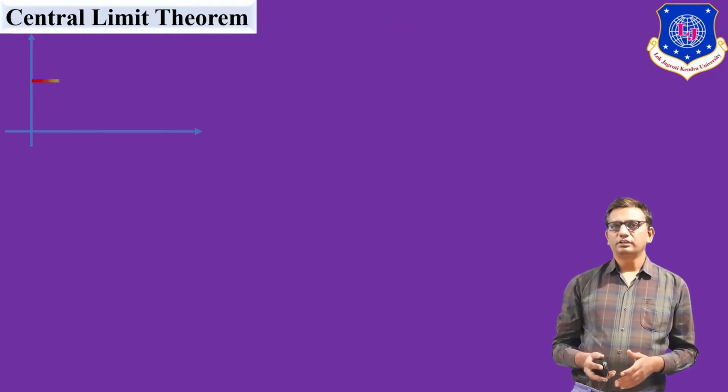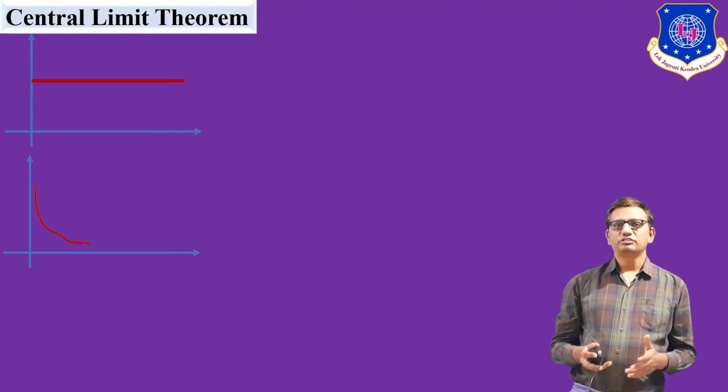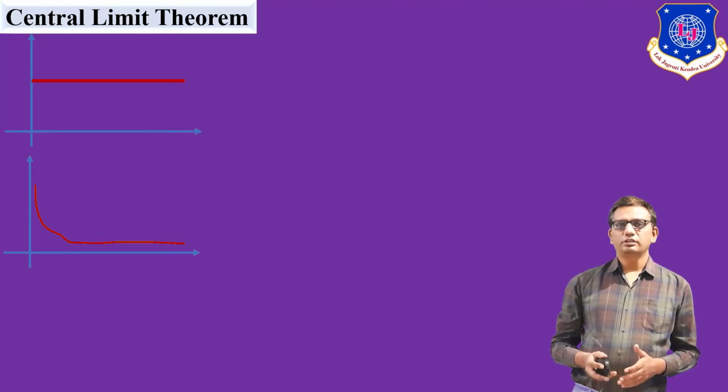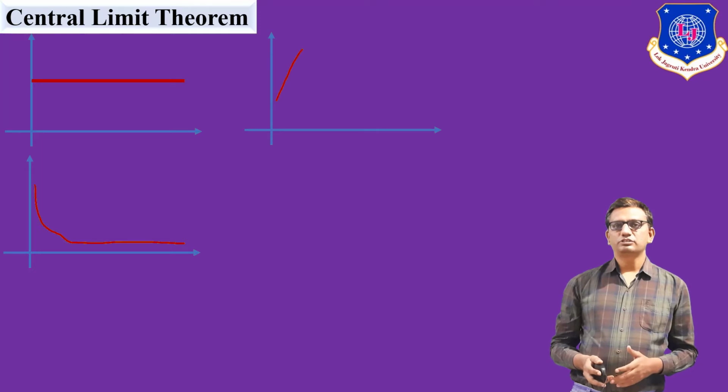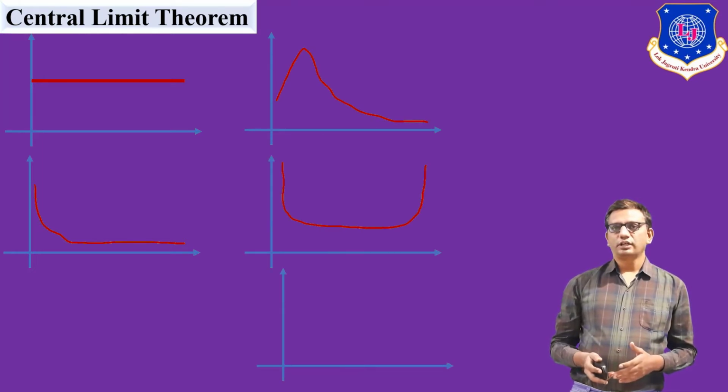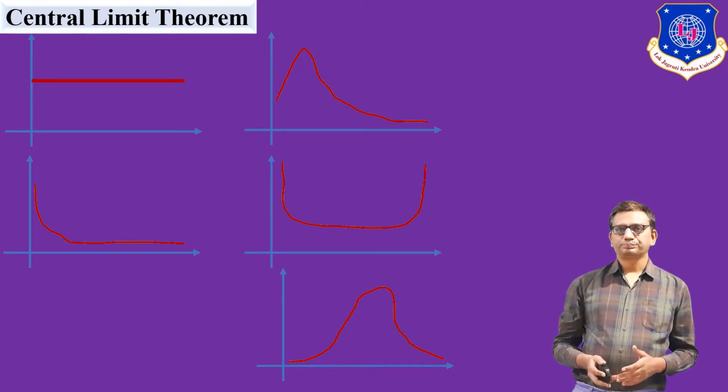Now we will understand with different types of distribution. Here this is the continuous probability distribution, this is the exponential distribution, this is the arbitrary right skewed distribution, and these are arbitrary probability distributions.